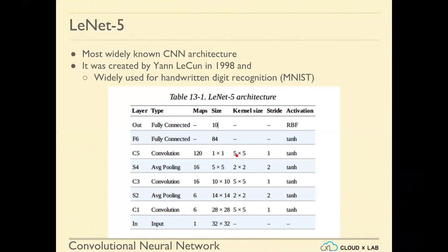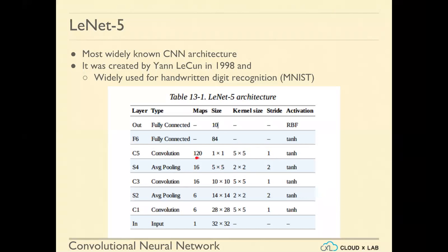Now at this point, the size that was left is 5 by 5. And since the kernel size is 5 by 5 with stride 1, in every dimension only one value is left, since we are not doing the padding here. This is the important part. So we are not using the padding, therefore 5 by 5 became 1 by 1.